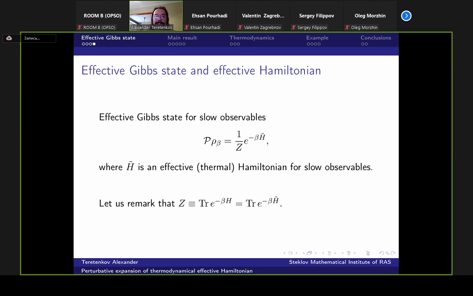Namely, I will try to represent these effective Gibbs states also in a Gibbs-like form with some effective Hamiltonian. Possibly it could be temperature dependent. I have not written it explicitly, but in the usual situation it would be. And the partition function would be the same. It would have the same formula both for the initial Hamiltonian and for the final effective Hamiltonian.